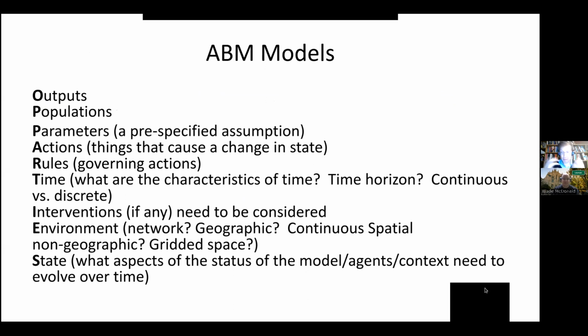The parameters are fixed assumptions, while state is an aspect of their situation which evolves over time, and actions that change that state over time, often specified as rules or rates of change, and rules that govern those actions. These models are specified over some time horizon and with either continuous or discrete time, for example.